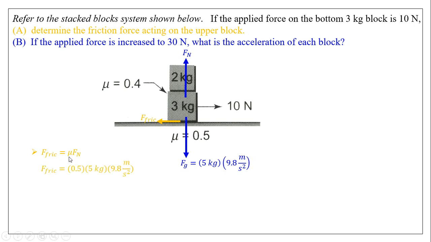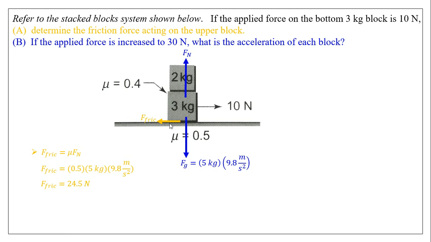So in my statement here, I can just carry down the coefficient of friction on the floor to the bottom block is 0.5. The F of N is the total mass of the system, because I'm looking at this very, very bottom floor. So therefore, I need to account for both of the masses, and I need to times that by G, which is 9.8. If I do that correctly, the force of friction here is 24.5. So the magnitude of this orange arrow is 24.5.